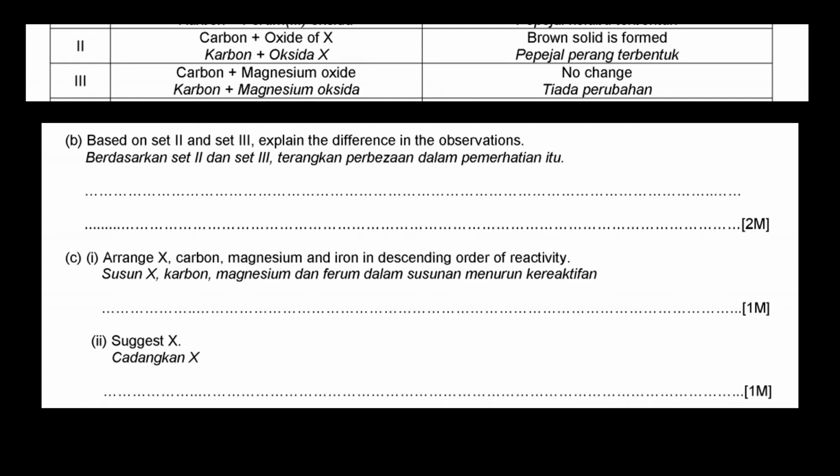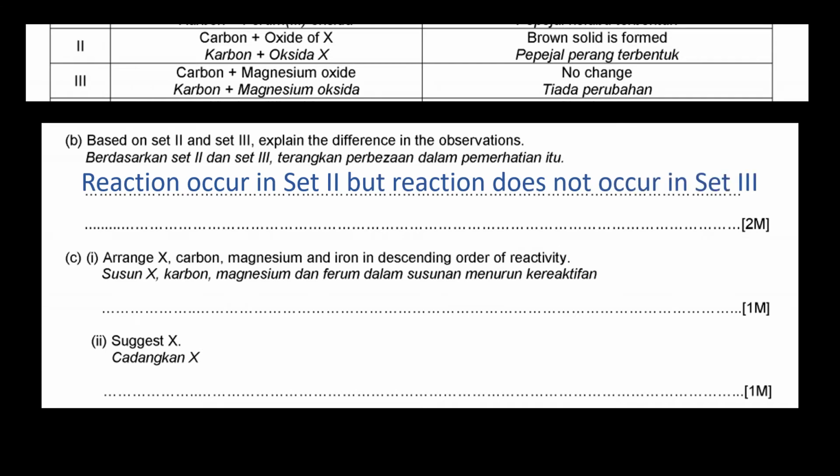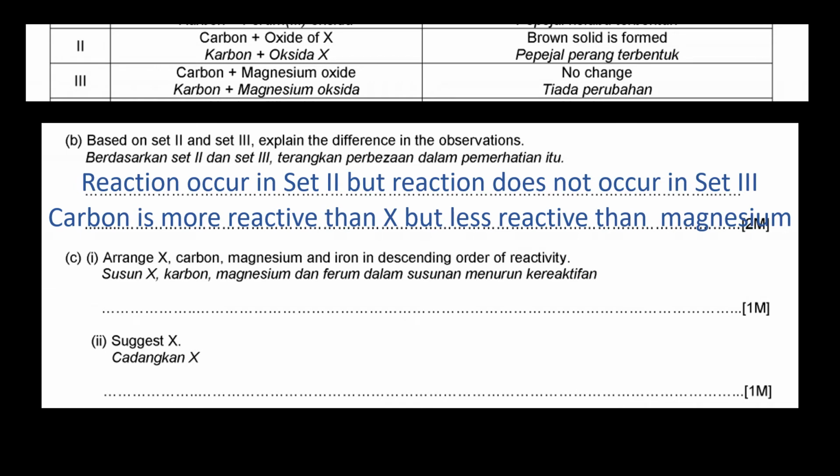So how do you explain the observation? First point, reaction occurs in set 2, but reaction does not occur in set 3. This is the inference for the observation. Then you explain why: because carbon is more reactive than X, but less reactive than magnesium. That's why there's no change in set 3.